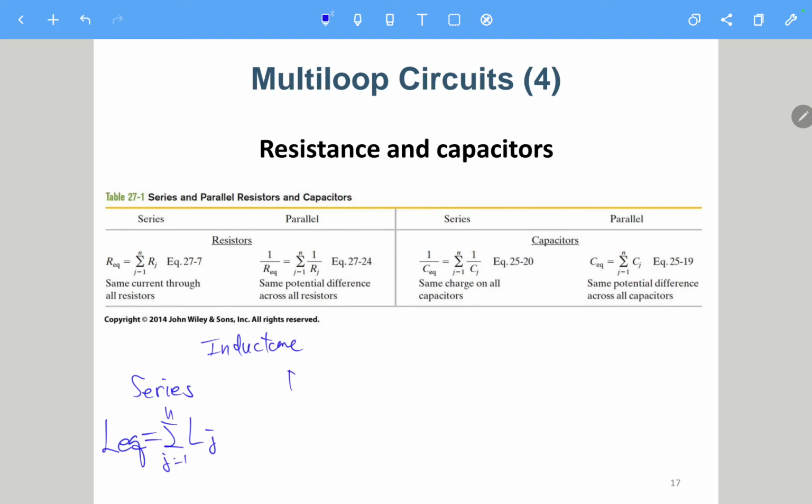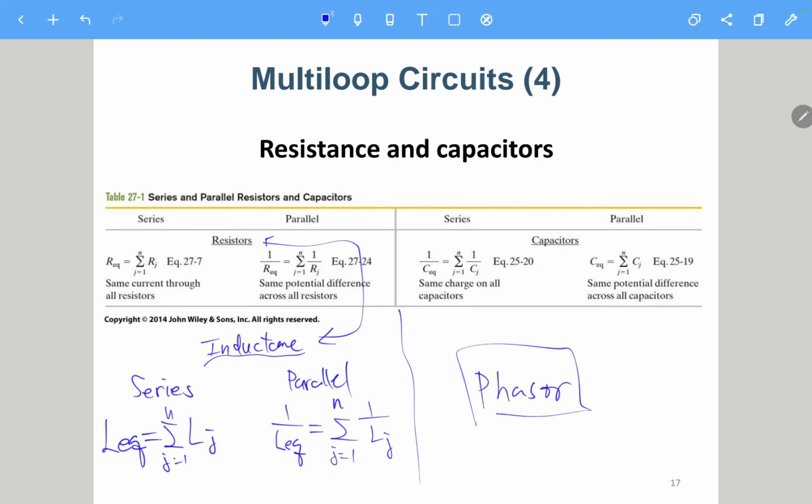And if we have parallel inductance, it should be 1 over L equivalent equals the summation of 1 over Lj, j from 1 to n. So for resistance and inductance, in terms of parallel or series, they are similar. But for the capacitance, they are not the same. And you may be able to understand it later when we talk about the phasor.